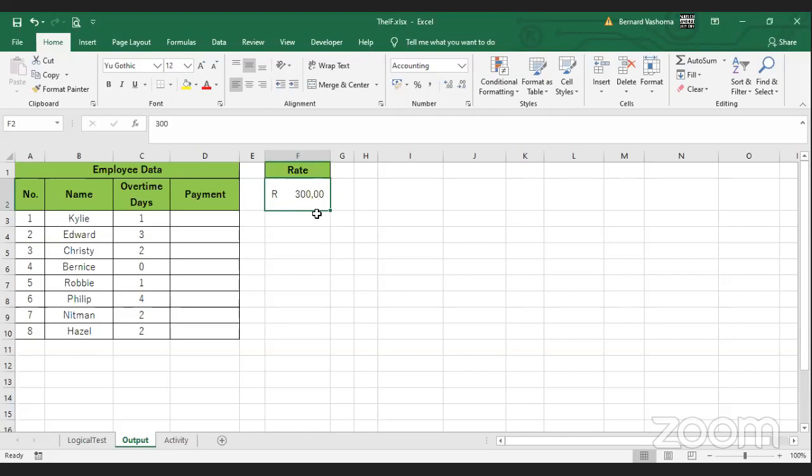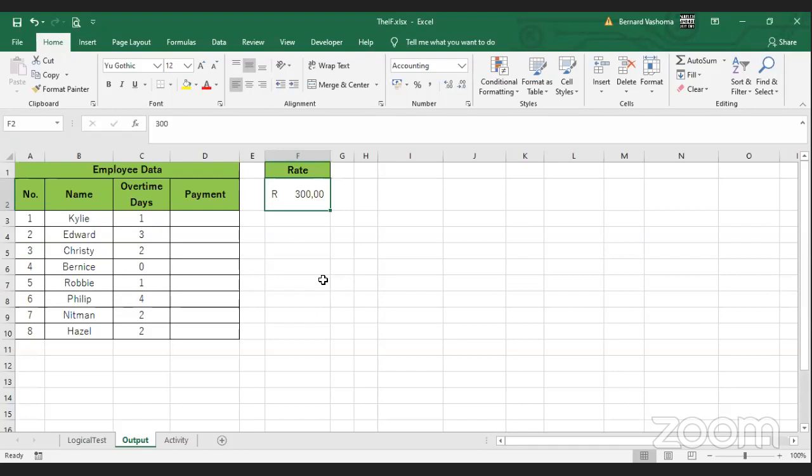And if that's not the case, no payment. If they didn't work overtime, they shouldn't get payment. I hope you're following. Maybe if I may repeat, if somebody has worked overtime, they should be paid 300 per day. Otherwise, if they didn't, nothing should be paid to them.